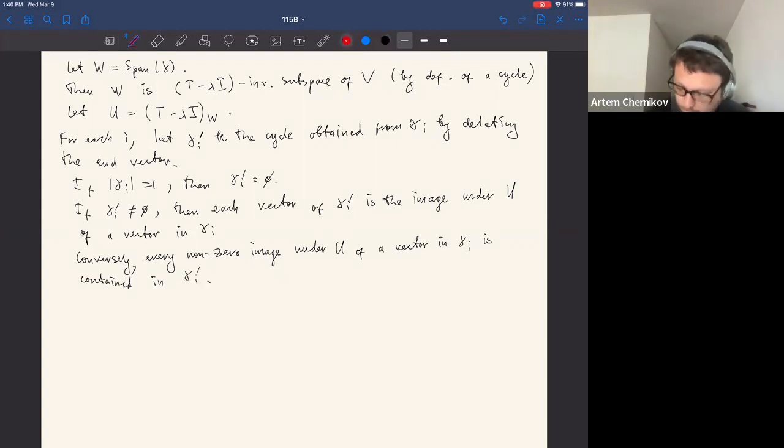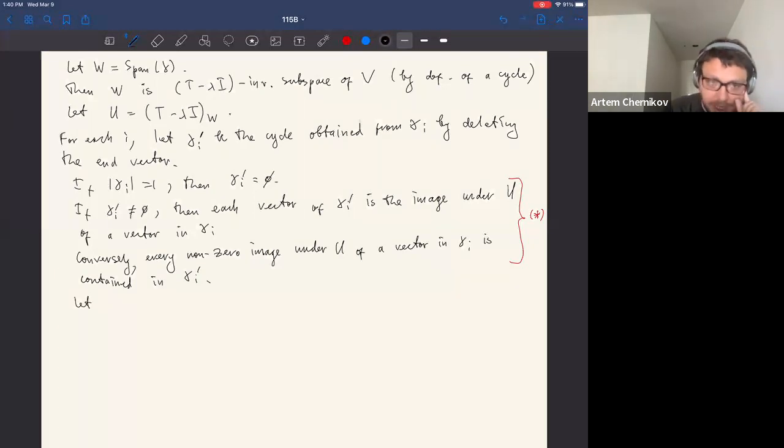So we have these two simple observations connecting gamma i and gamma i prime, which follow simply from the definition. Gamma i prime is obtained by removing a single vector, the nth vector, from gamma i.